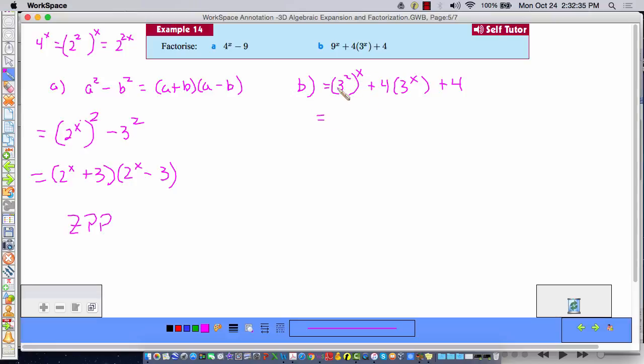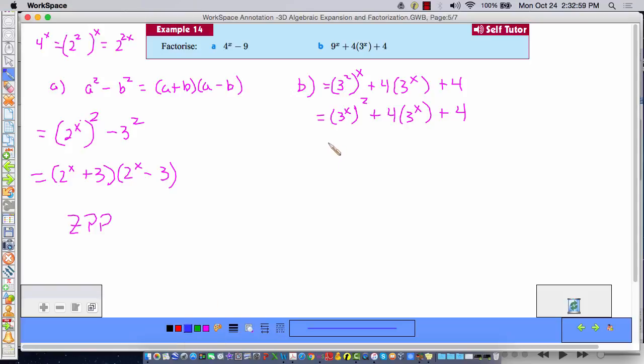I could also write this as 3 to the 2x, or 3 to the x squared, plus 4 times 3 to the x plus 4. Now, I have a term here, or you can think of your variable as 3 to the x, and I would just factor this into the product of two binomials.